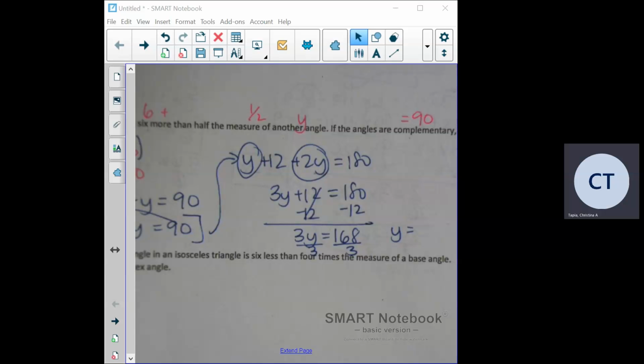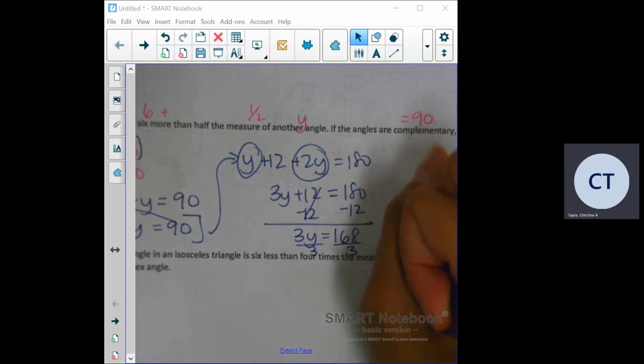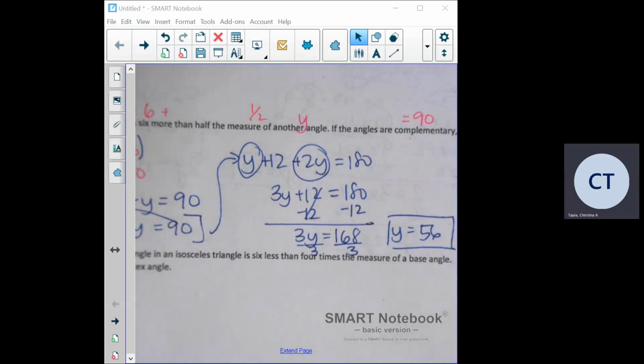Do the math for it. I don't have a calculator. What's 168 divided by 3? 56.